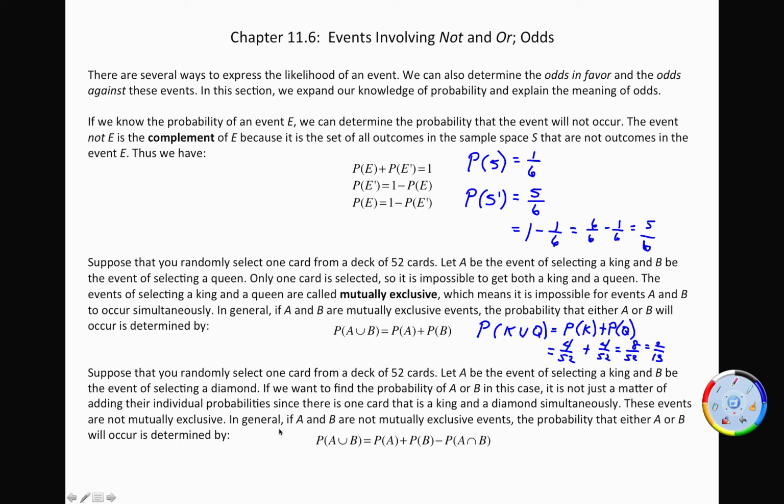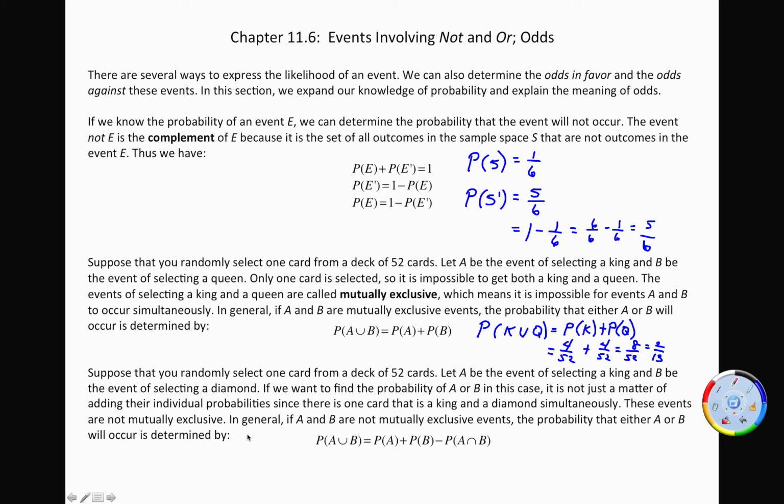Now, suppose that you randomly select one card from a deck of 52 cards. Let A be the event of selecting a king and B be the event of selecting a diamond. If we want to find the probability of A or B in this case, it is not just a matter of adding their individual probabilities. Since there is one card that is a king and a diamond simultaneously, these events are not mutually exclusive.